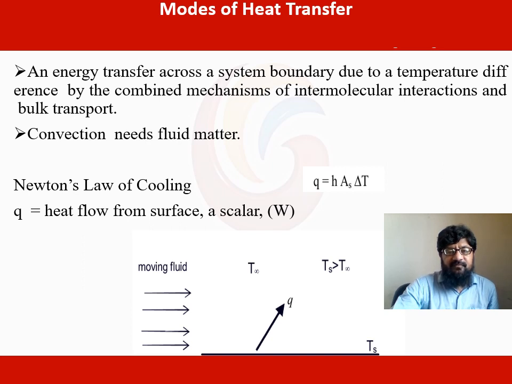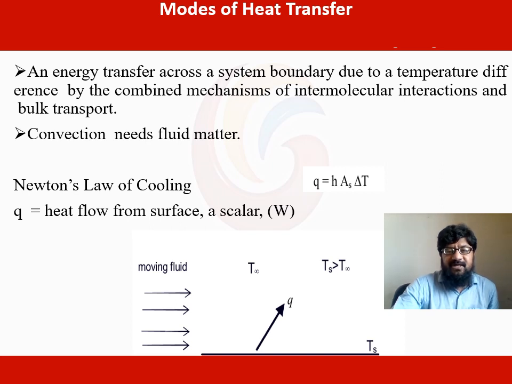So for example, if there is a plate which is solid and at a temperature Ts and there is a moving fluid coming from left to right which is at the temperature T infinity, and suppose that the temperature of the solid is greater than the temperature of the moving fluid. So the heat transfer will take place from this solid to this moving fluid.